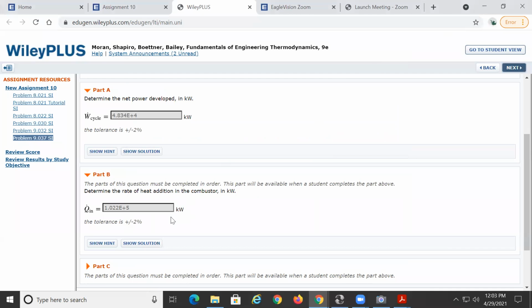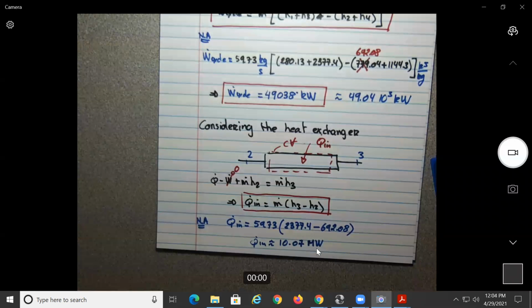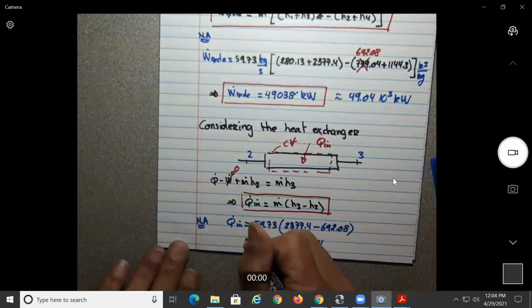Okay, this should give you approximately 10.07 megawatts.